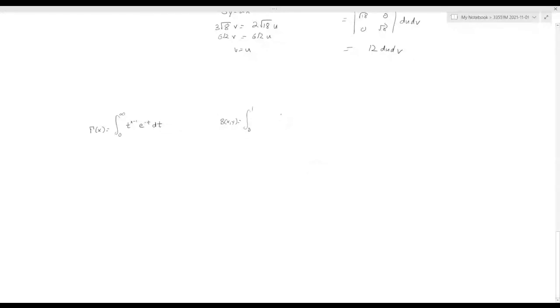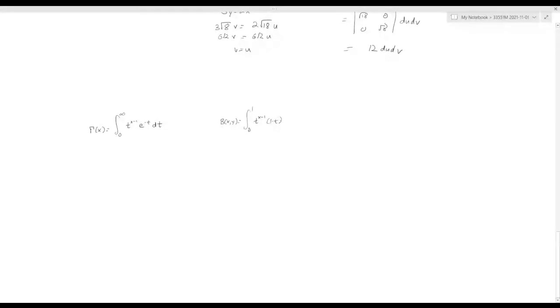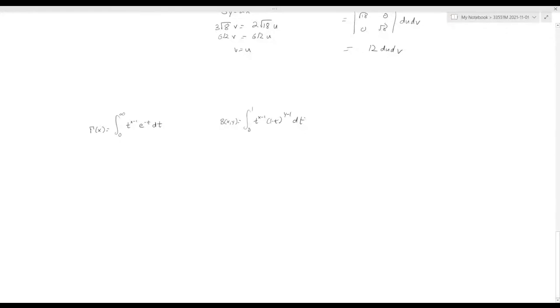Right, let's define this to be t to the x minus 1 and then 1 minus t to the y minus 1. And these are related, this gamma function and this beta function.